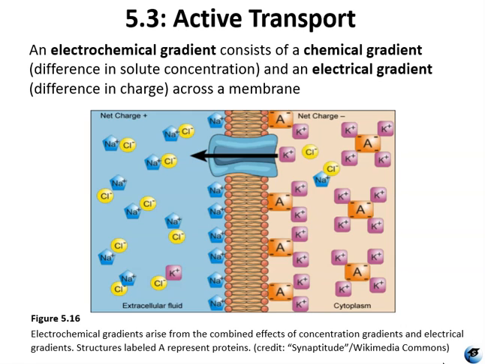A positive ion, for example, might diffuse into a new area down its concentration gradient, but if it is diffusing into an area of net positive charge, its electrical gradient is hampering the diffusion. In this case, active transport of the positive ions occurs via integral carrier proteins in the cell membrane, which act like pumps.